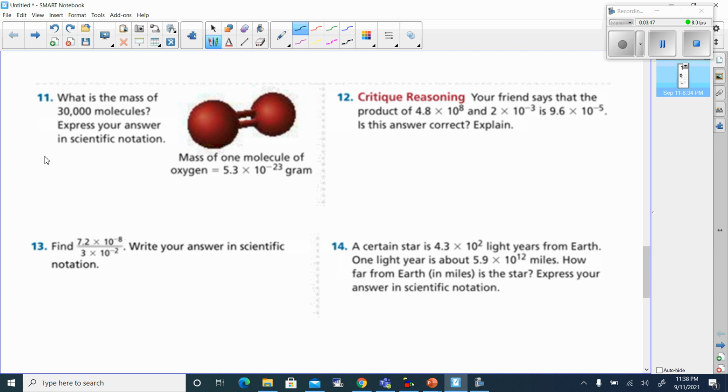What is 30,000 in scientific notation? That would be 3 times 10 to the 1, 2, 3, 4 power. So now we're multiplying 3 times 10 to the 4.